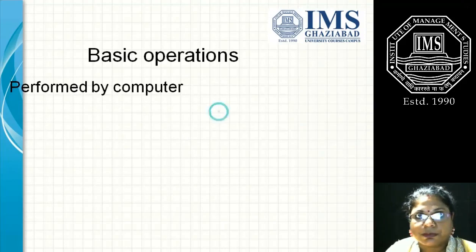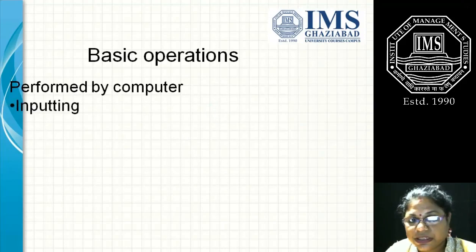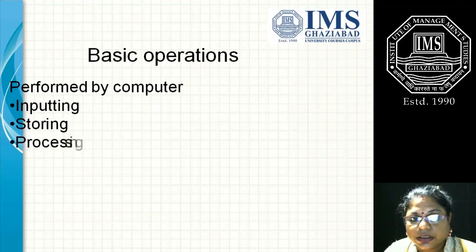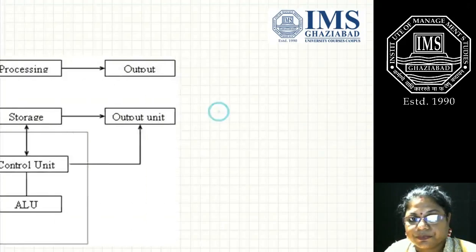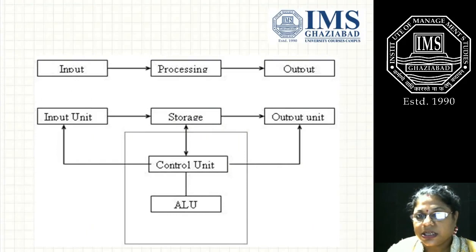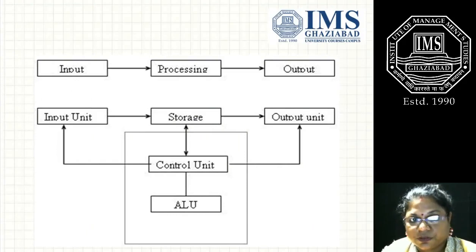Number one is inputting, storing, processing, outputting, and controlling. This is the way the computer works. Input will be given by the user, processing will be done by the machine, and output will be provided in the form of meaningful information to the user.